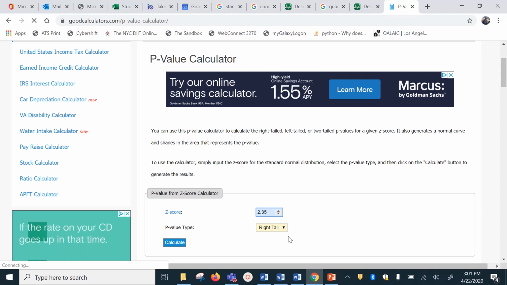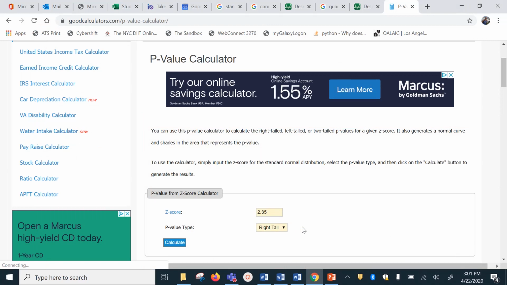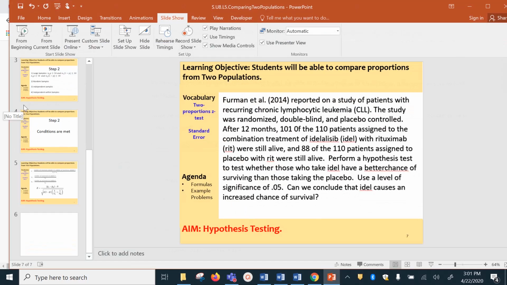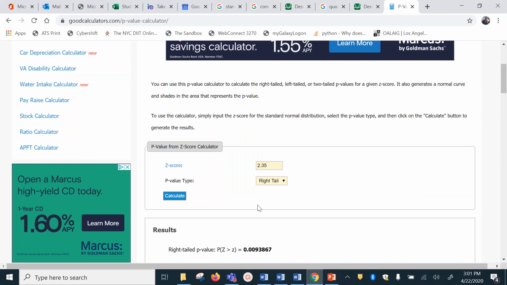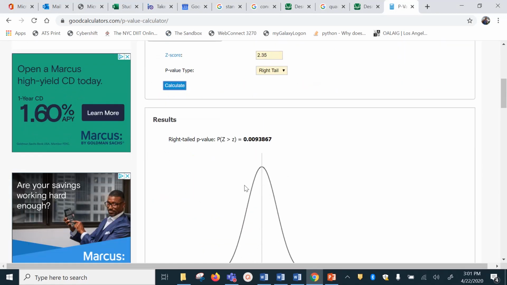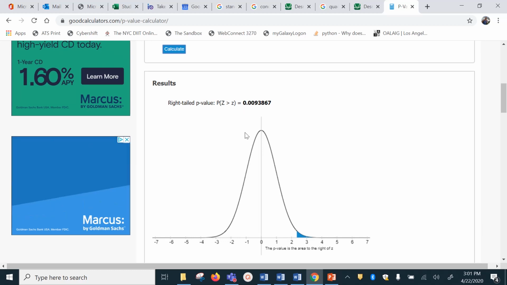And we want to see, at this significance level, can we conclude that ideal causes increased chance of survival? So we want to see if P1 is greater than P2. And, just in case you want to double check, P1 is greater than P2, that's right-sided. So we go back to our calculator, we want right tail, hit calculate, look at that p-value, 0.009.